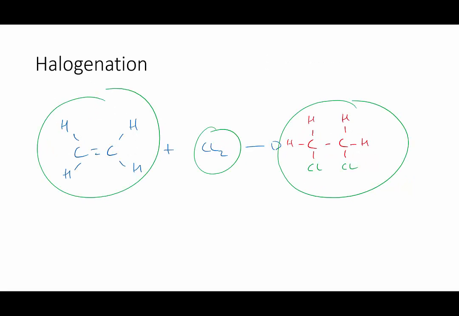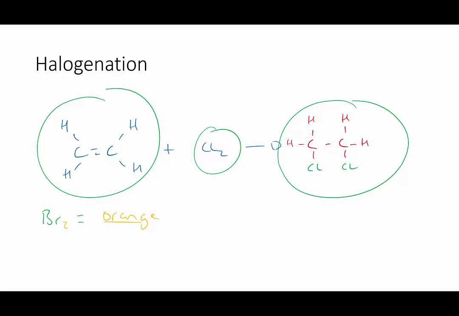So let's have a look at the second outcome, which was using bromine water. You should all be aware that when you add bromine water to an alkene, it decolorizes. The alkene decolorizes the bromine water. Bromine water is orange in color. It's Br2 of course, and when we add it to an alkene, we have a very similar reaction to what's shown above.